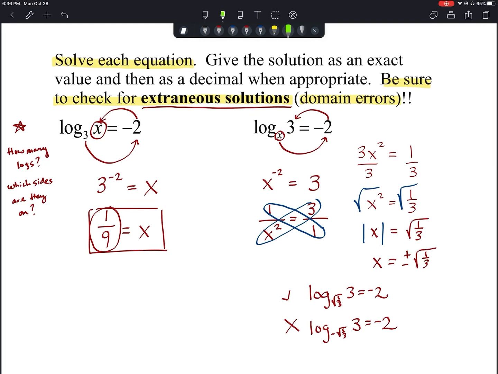It doesn't work because we cannot have a negative base on our logarithm. So in this case, our answer is just x is equal to the square root of 1/3. That is our solution. And that would mean that this negative square root of 1/3 is our extraneous solution.